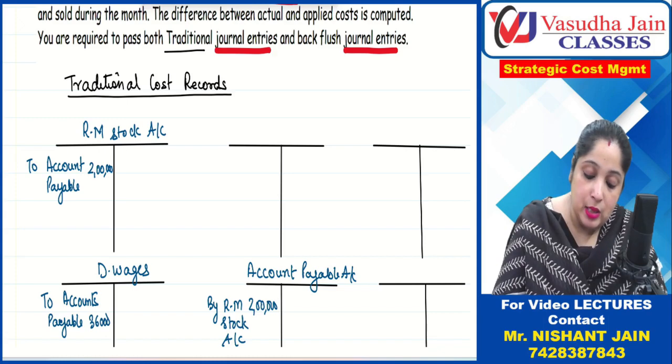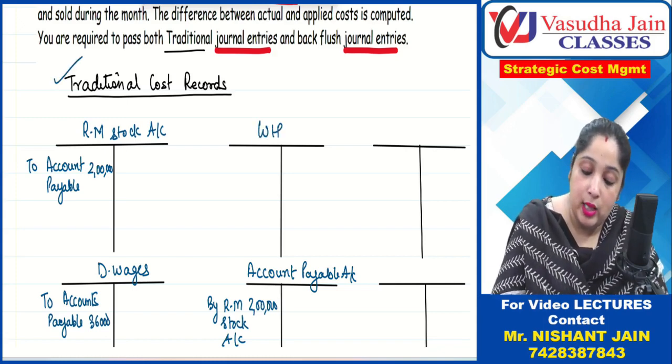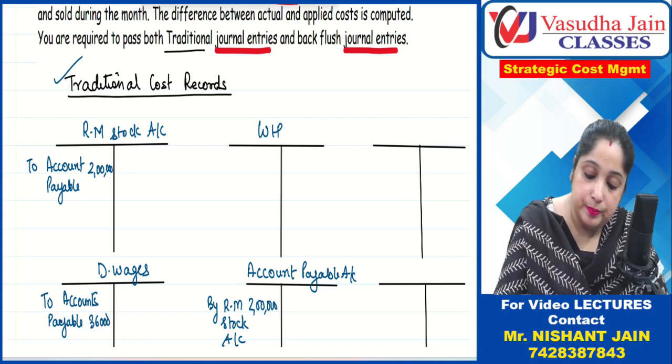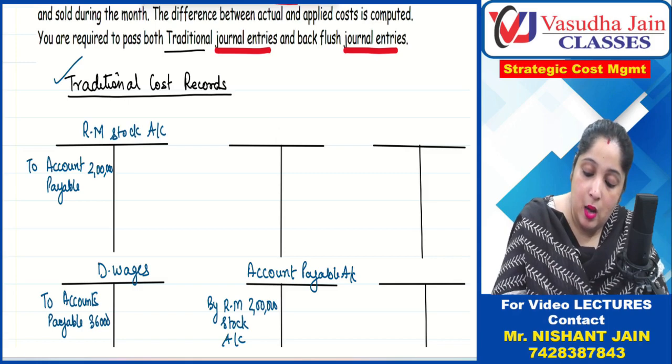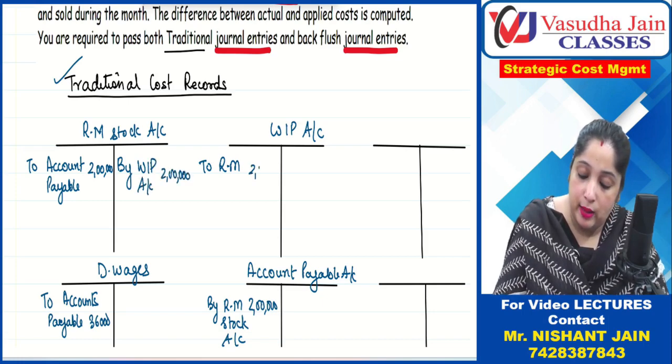We will transfer this raw material to work in progress. We are preparing traditional cost records. So work in progress account, to raw material. Here I will write by work in progress account 2 lakh, and here it will be 2 lakh, raw material stock account. Right?